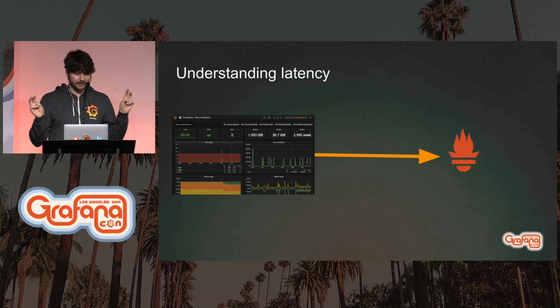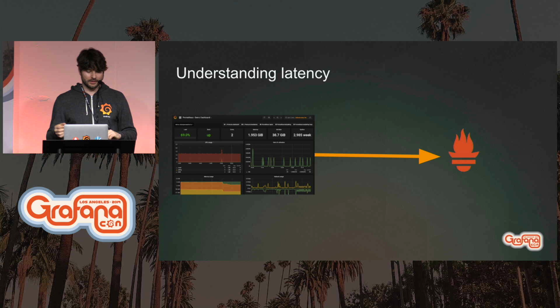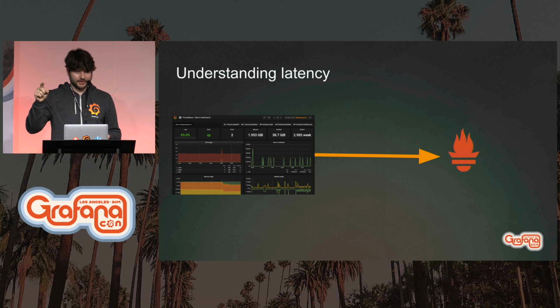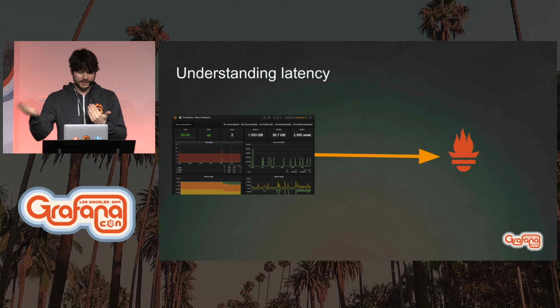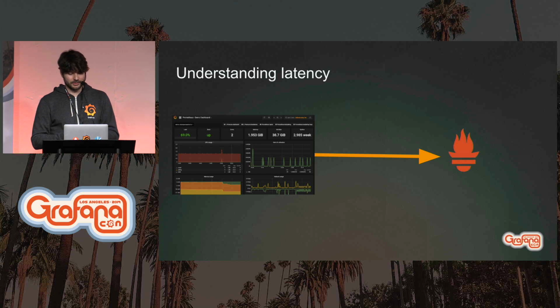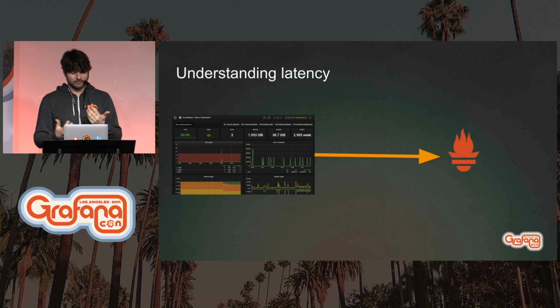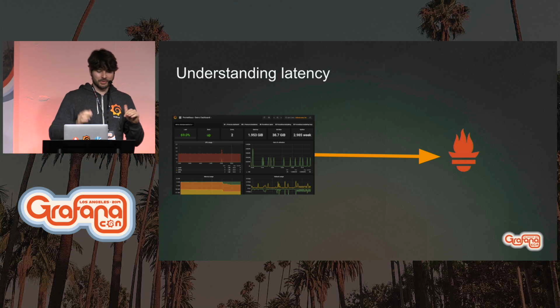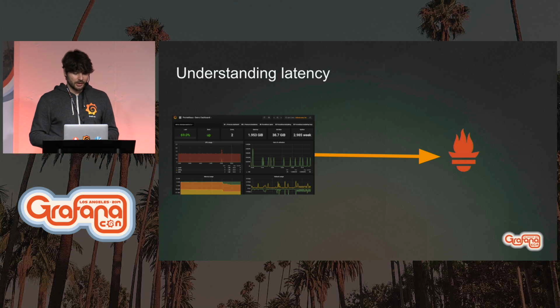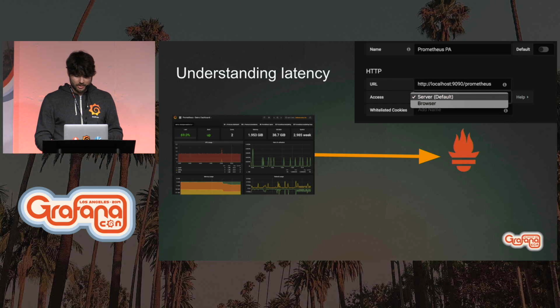What makes a graph rendering slow? The mental model we have here is that once you click refresh, there's some time passing, and then you want to see the result rendered, right? And so it's interesting to explore what this means in terms of what needs to happen, how the data is flowing, how the request is flowing, because you probably just think that you directly request the Prometheus data source, for example, on a Prometheus dashboard.